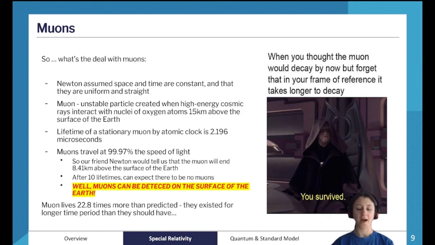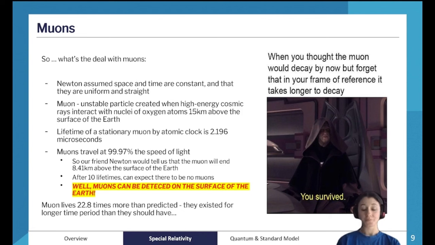And they have a very, very short lifetime, about 2.196 microseconds. So, Newtonian physics, which is the physics that Newton talked about and invented, would predict that muons really won't come that far to the surface of the Earth. Right? They have such a short lifespan, even though they travel so fast, they're only going to get 8.41 kilometers above the surface.